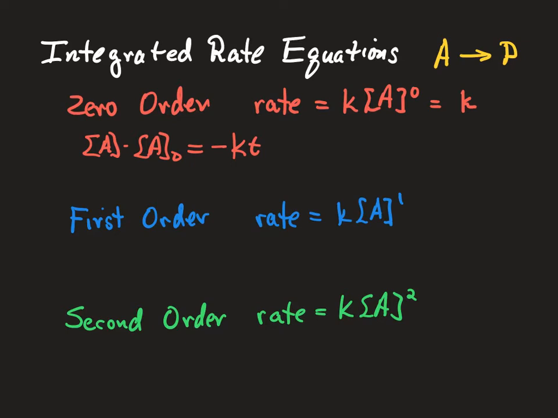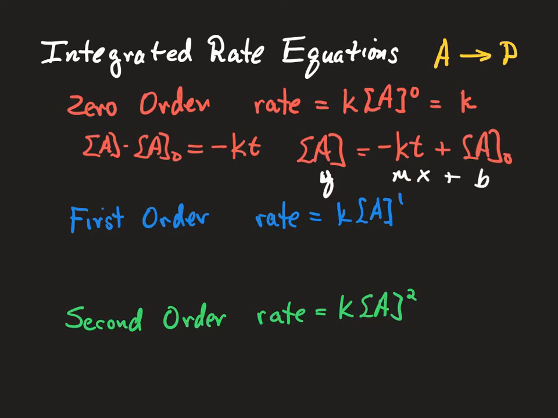And if we convert that into a linear equation, then we get that the concentration of A is equal to minus kt plus the initial concentration of A. So we get a y equals mx plus b form, where the concentration of A is our y variable, the elapsed time is our x variable, our slope is the negative of k, and the y-intercept is the initial concentration of A.